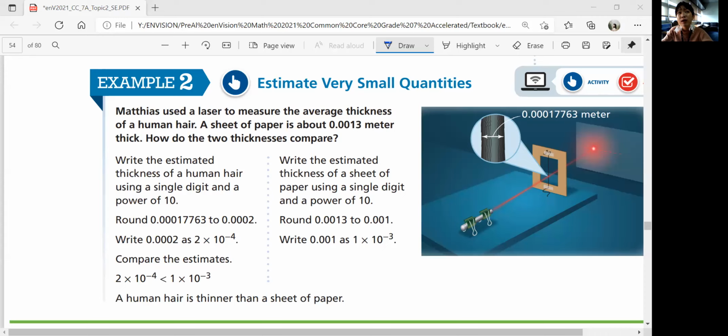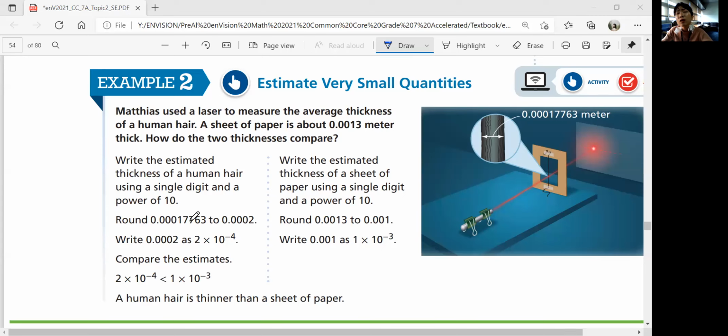The hair thickness is 0.000177632 meters, and you're going to round it to 0.0002. Why? Because if it's a really small number, your biggest place value is still the first digit, and that's 1.